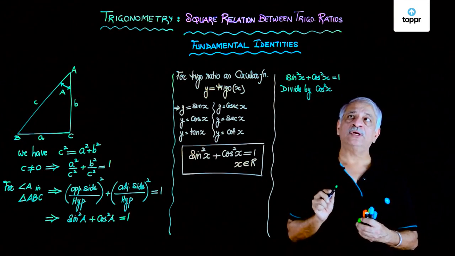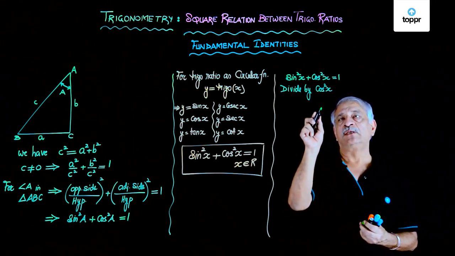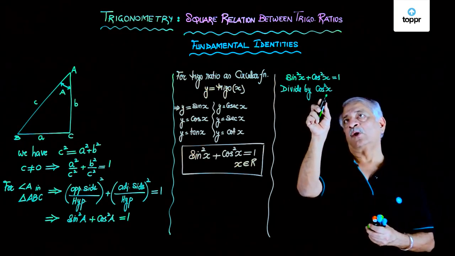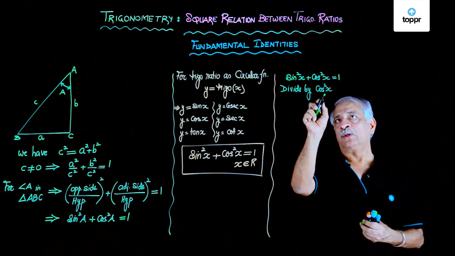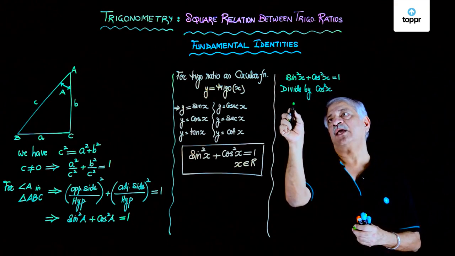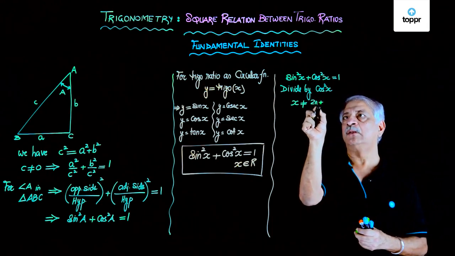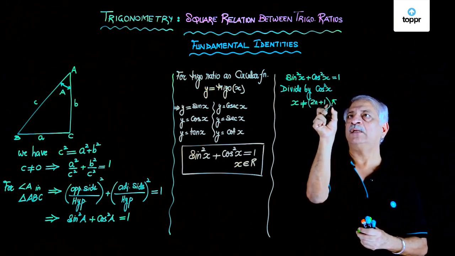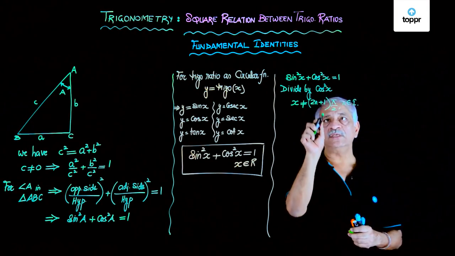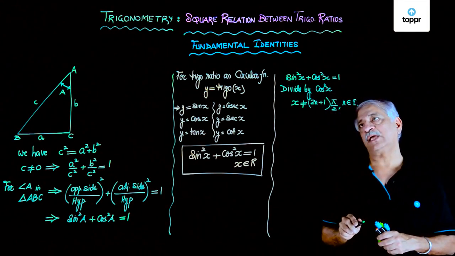What is the important aspect to that? Remove all the points from the domain of the cos x so that cos x doesn't become 0. When I say divide by cos square x, x should not be equal to odd multiple of pi by 2, n belonging to integer. Once this condition is satisfied, then mathematics allows me to divide by cos square x.